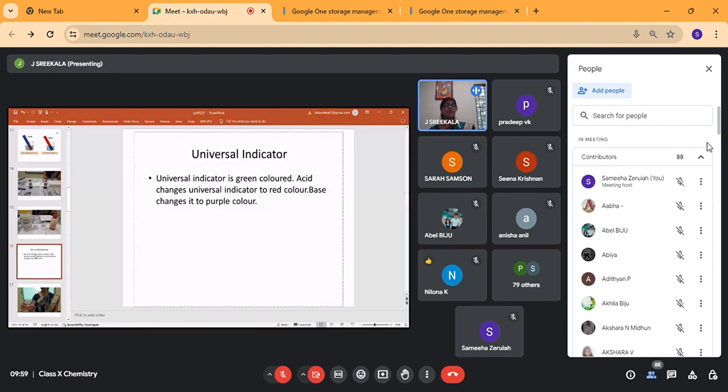Okay, some more experiments we'll see. Can you see this screen? Yes, ma'am. Another indicator is called a universal indicator. It is a green colored solution. And what happens with acid and base? We'll see.